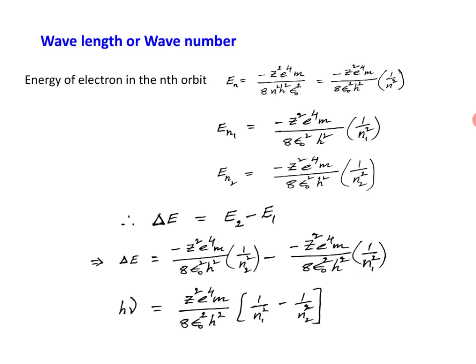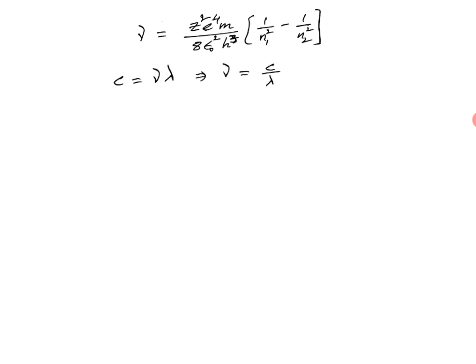Here we have h square, so if we shift h from the left side towards the right, you will get h cube in the denominator, the rest remaining as it is. Further, instead of nu, we know that the velocity of light c equals nu lambda, which implies nu equals c by lambda. Now if you substitute c by lambda for nu in the above equation, then c by lambda equals the remaining terms as they are.